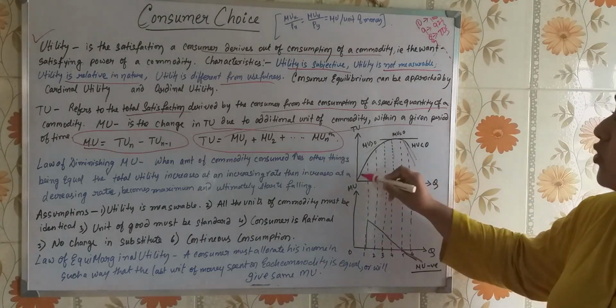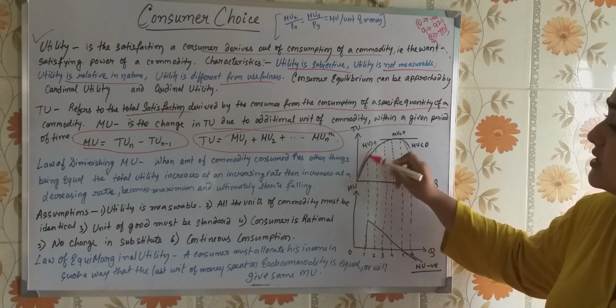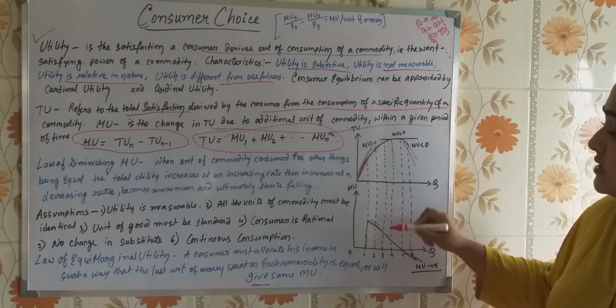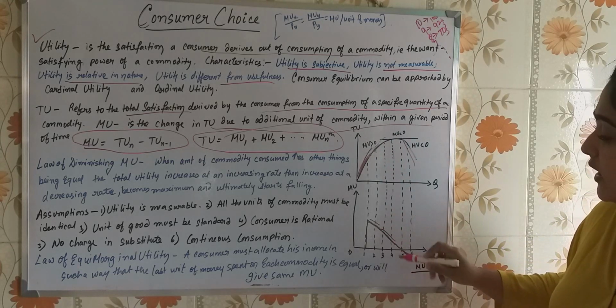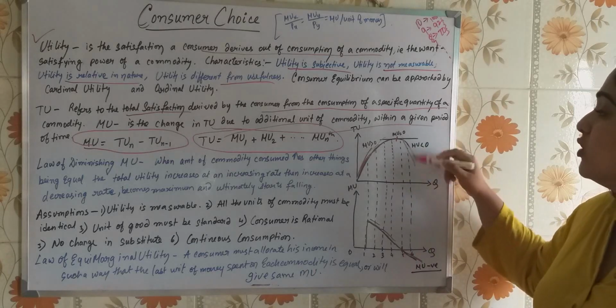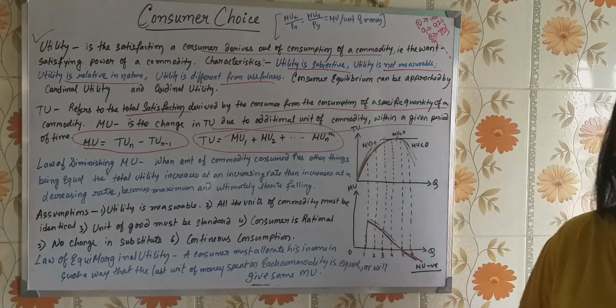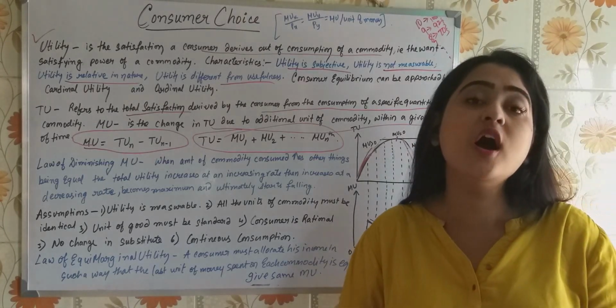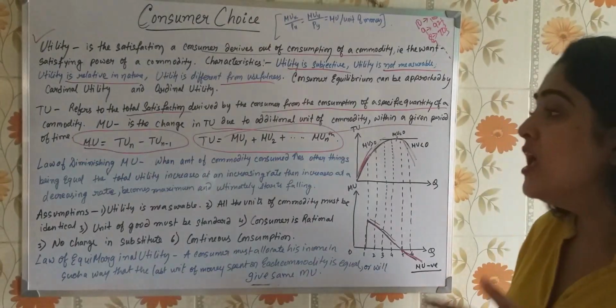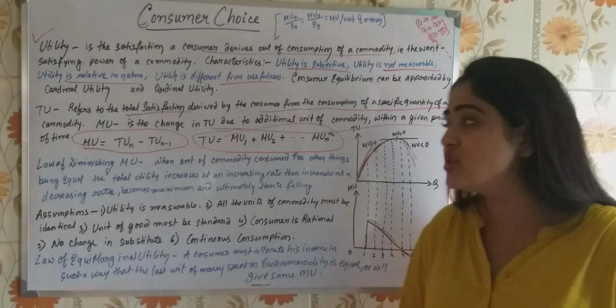Okay. Now when total utility is increasing at an increasing rate, marginal utility is at its highest. When increasing at a decreasing rate, marginal utility starts falling, and when it reaches maximum, marginal utility is 0. When total utility starts falling, marginal utility becomes negative. This is the relation between total utility and marginal utility. Let's move on to the law of diminishing marginal utility.